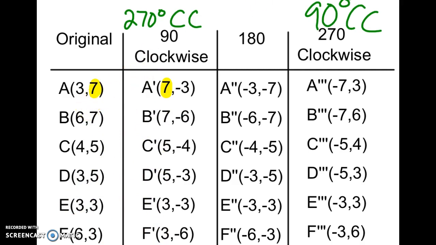Okay, so it looks like if I have an ordered pair X comma Y here, I'm going to take my Y value, the second thing, and move it to the front. So this is going to be Y in front now. Now here I go from 3 to -3, 6 to -6, 4 to -4, 3 to -3. So it looks like I'm taking the opposite of whatever my X value is.